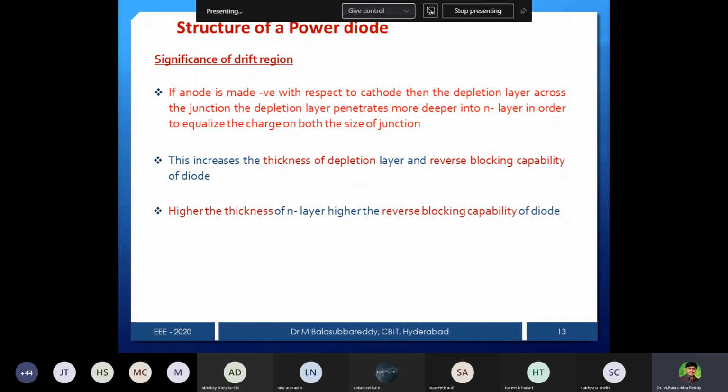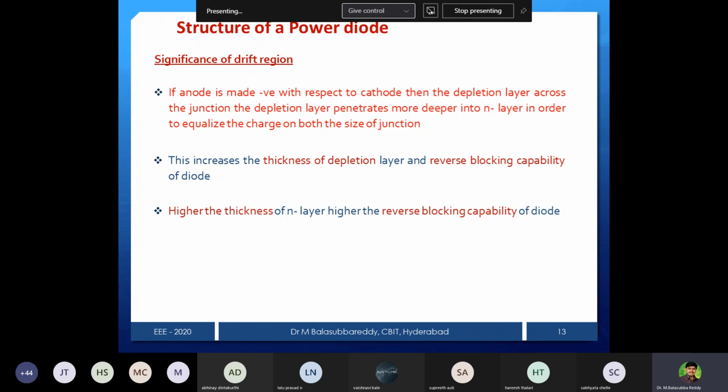One thing we also noticed in the case of SCR, the applied voltage is inversely proportional to the thickness. So if you are gradually increasing the voltage, then that junction is going to break down. So the higher the thickness of the N minus 1 layer, the higher the reverse blocking capability.